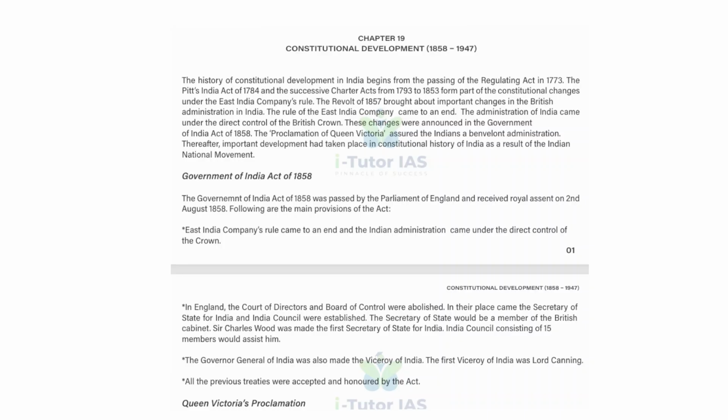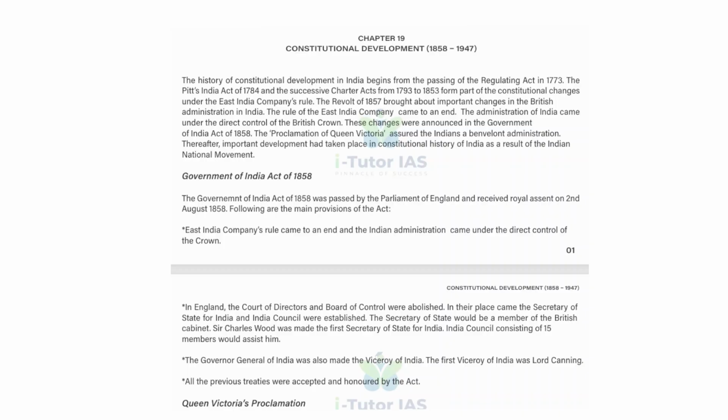And today we are discussing chapter 19, that is Constitutional Development, and the time period is 1858 to 1947. Okay. So why is this important? The constitutional development of India from 1858 to 1947 is known as the Crown Rule period.